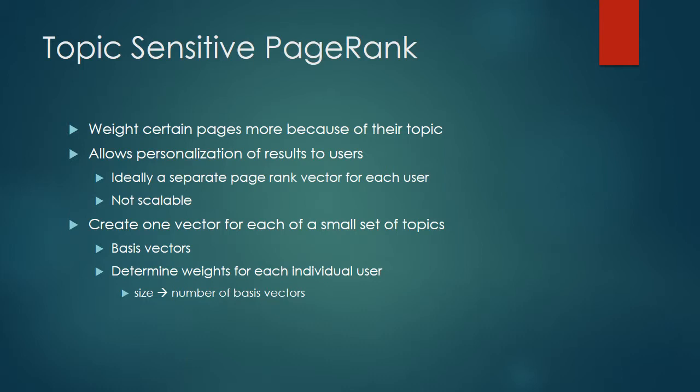But more realistically, you should look at the scope of the distribution, and then figure out the right basis vectors or right representation, let's say the right topics that you should compute this for. So you've first taken all your web pages, and instead of computing one page rank, you compute a set of page ranks which are all biased towards different topics.